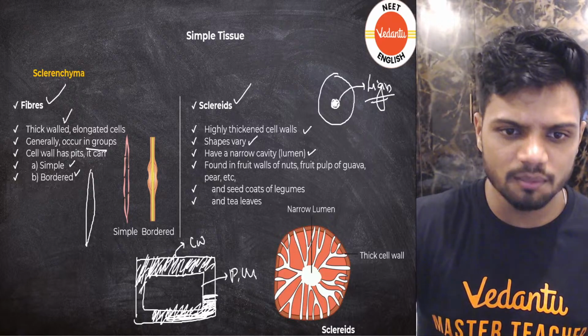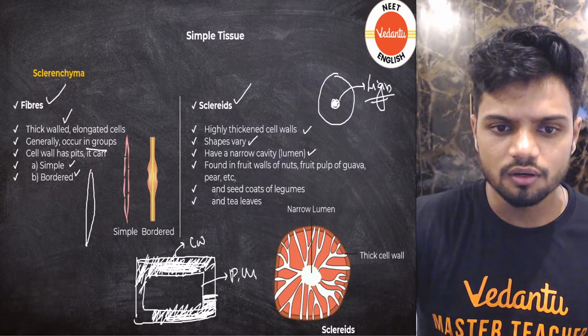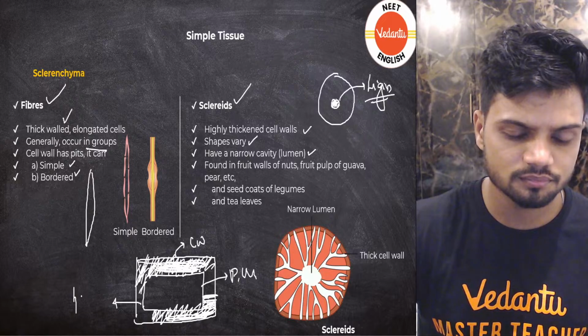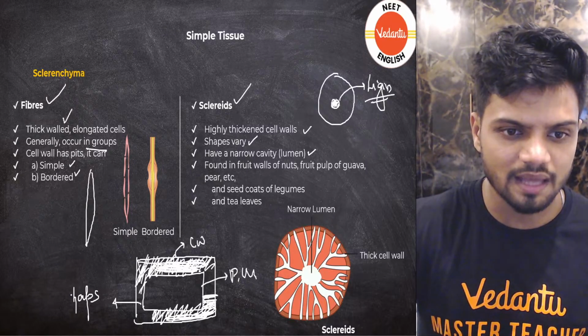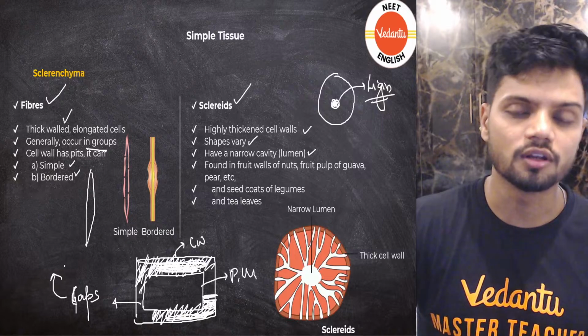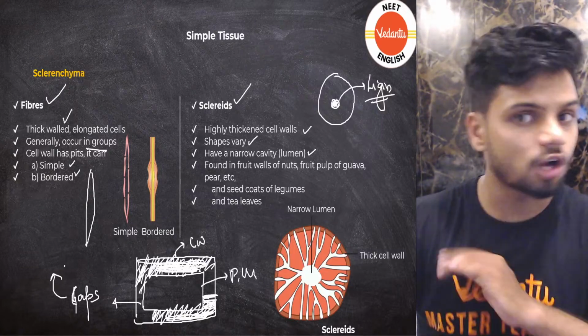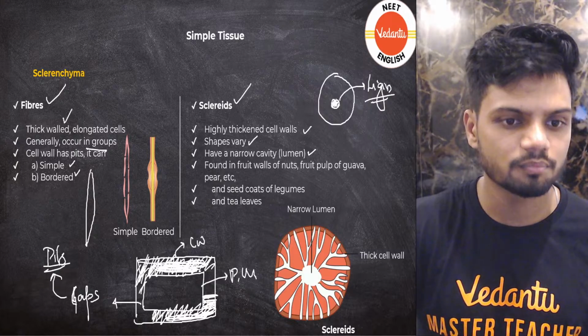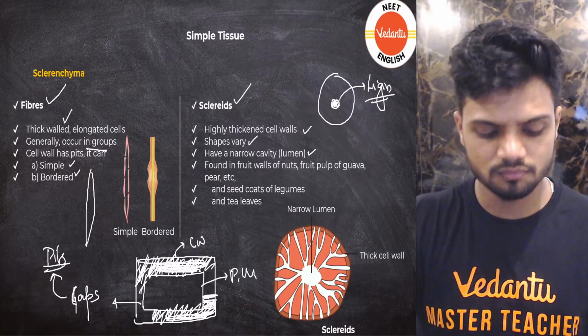Now, in these lignin depositions, do you notice that there are small gaps? These gaps in the cell wall where the depositions are not present are called pits. Simple. They are called pits.